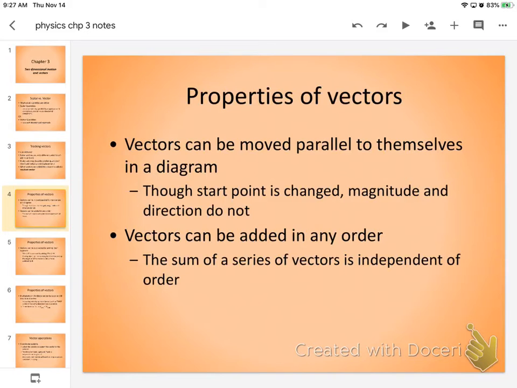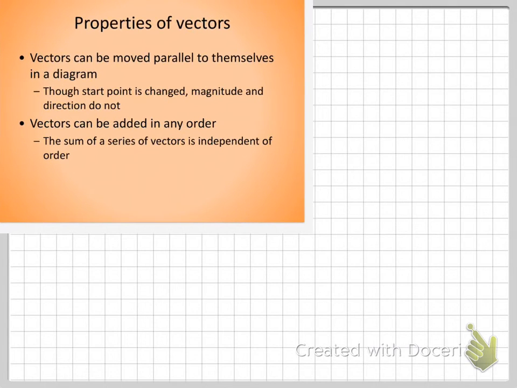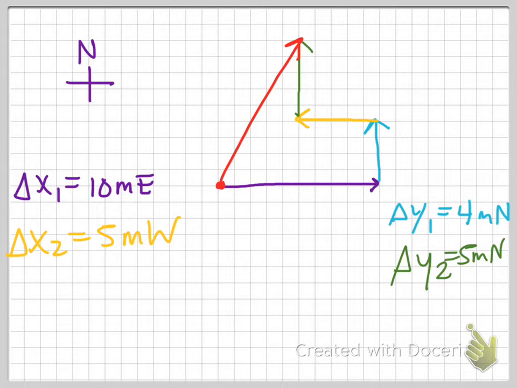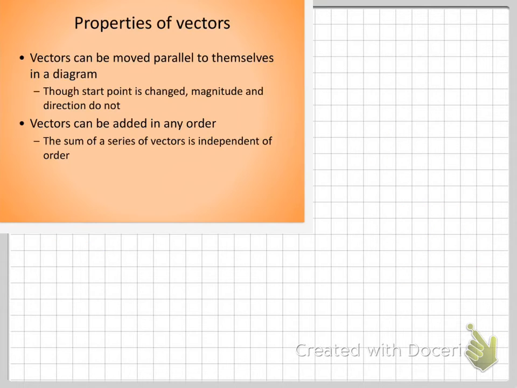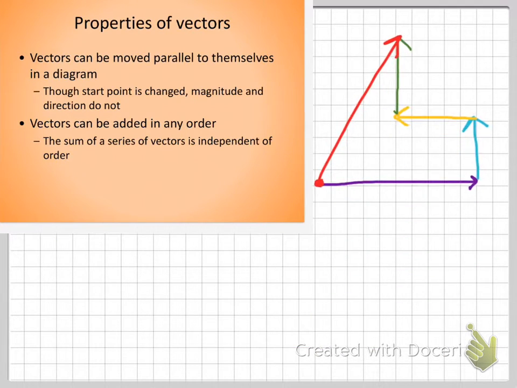So now let's think about the rules for tracking vectors, or the properties of vectors. You can move a vector parallel to itself in a diagram. So if we borrow this, does it matter if I move here before or after?